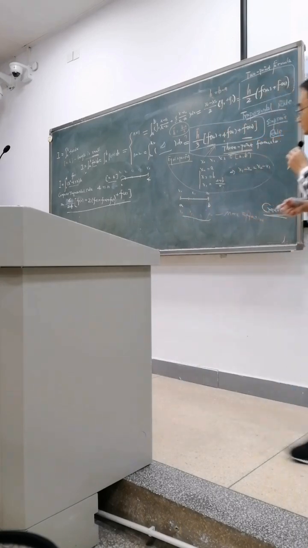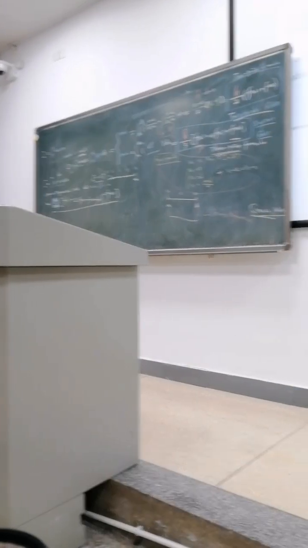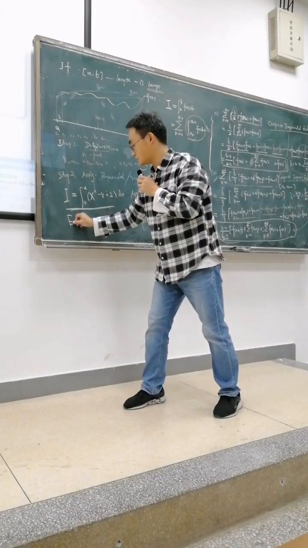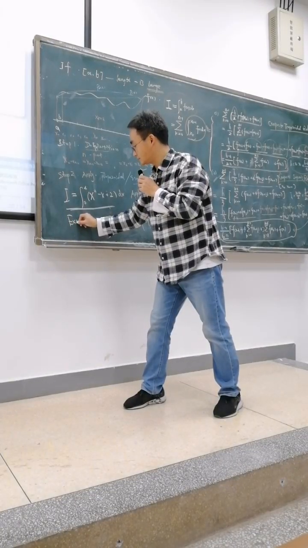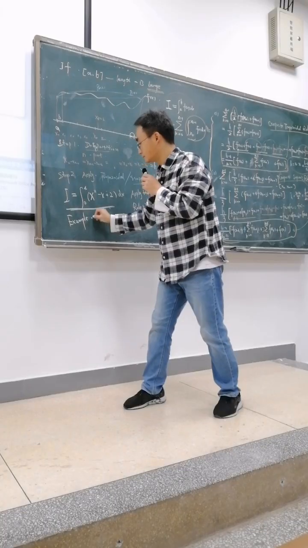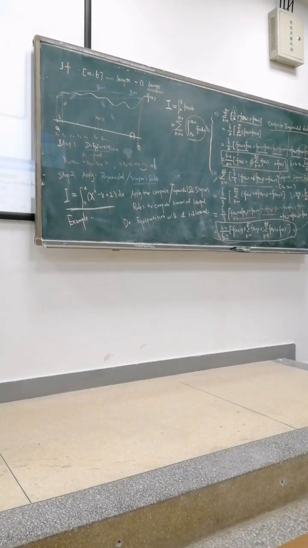You are required to know how to calculate this kind of question. This is a very simple example, but this is more complicated. This kind of example may appear in our final examination.